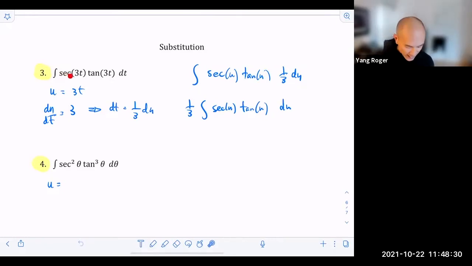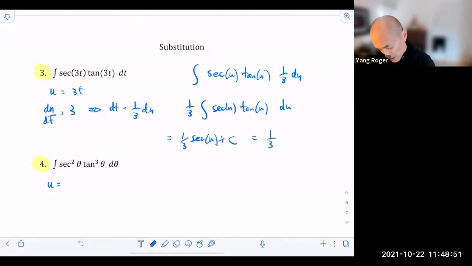You need to recognize the antiderivative of secant sitting right there. The problem is the 3t. You really wish it was just a single variable. So that's why you make that be u. So this is 1/3 secant of u plus c, which is 1/3 secant of 3t plus c.